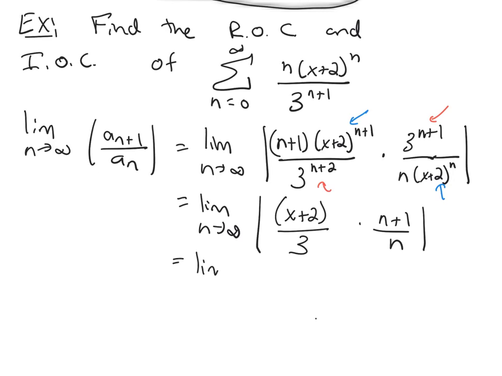So rewrite our absolute value. And then this n plus 1 over n is positive. The denominator is just a single term, so I can go ahead and divide this to get 1 plus 1 over n.